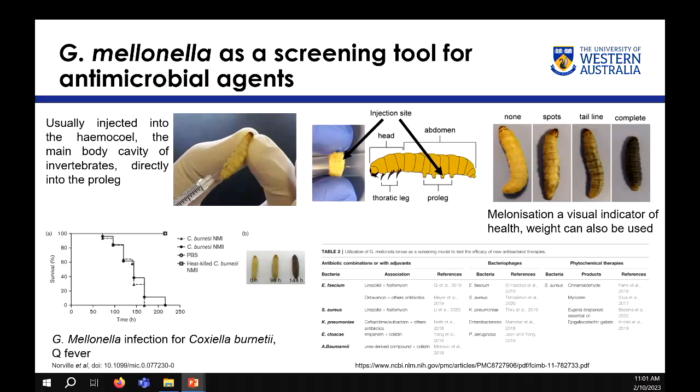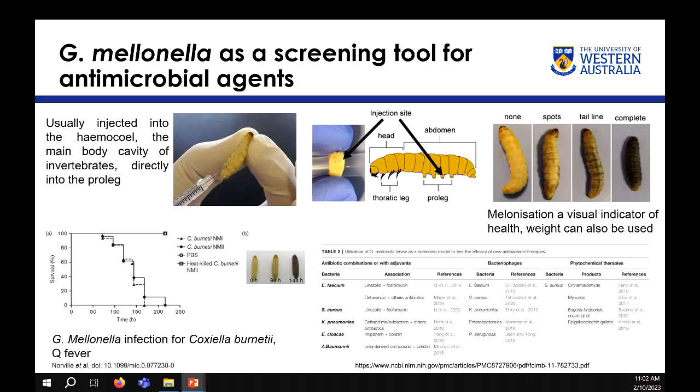But the ones that were given Coxiella burnetii, you can see all succumb to infection. So it's a model that you can use to look at virulence. If you've got some mutants of Coxiella, you could use the Galeria to see if the mutations make it less virulent. It's also been used to test a number of different antibiotics.